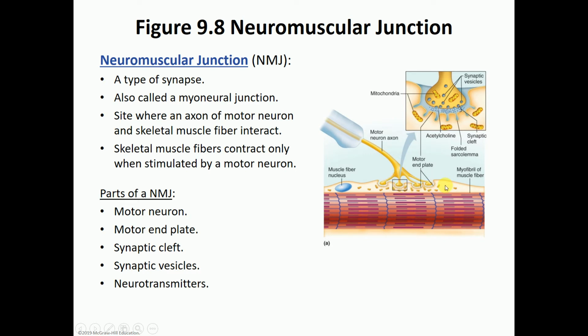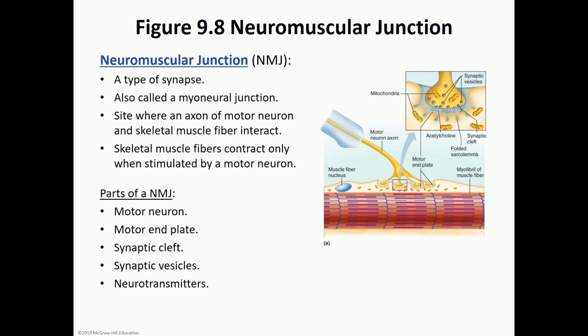There's the synaptic cleft, the gap between the motor nerve and the sarcolemma. There are the synaptic vesicles, the vesicles inside of the motor neuron that are full of acetylcholine.